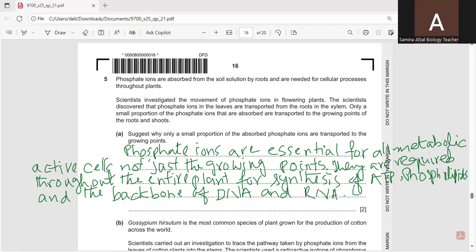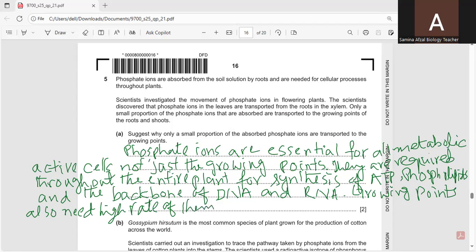Growing points also need phosphate due to cell division.